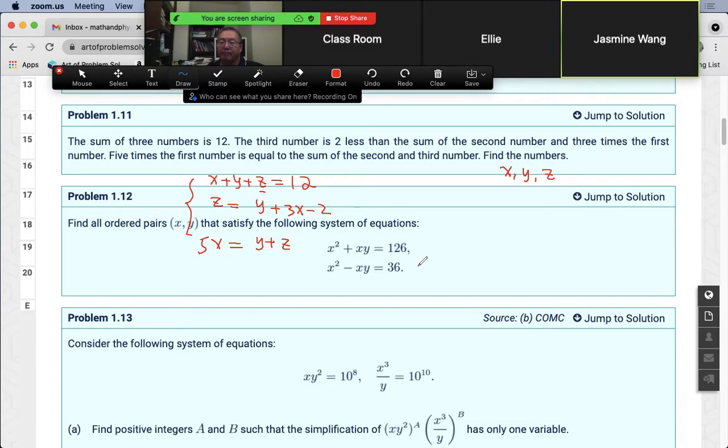Right? So let's say to solve this, we have three variables and three equations, right? So if we plug in this z to the first equation and the third one, then we can reduce this from three variables to two variables, right?